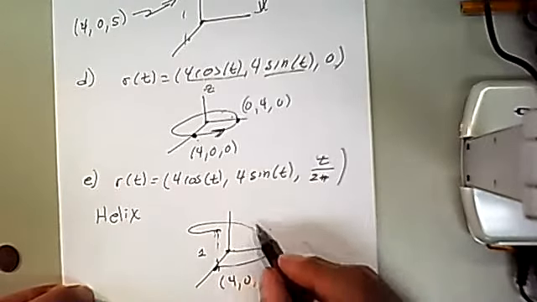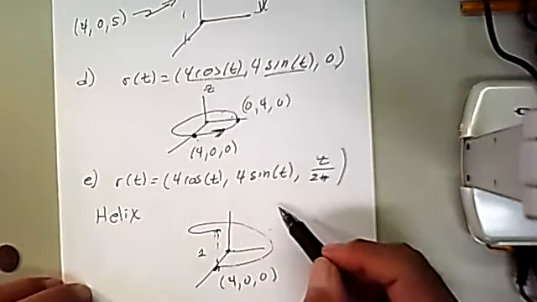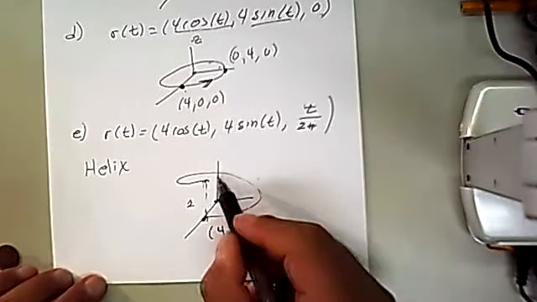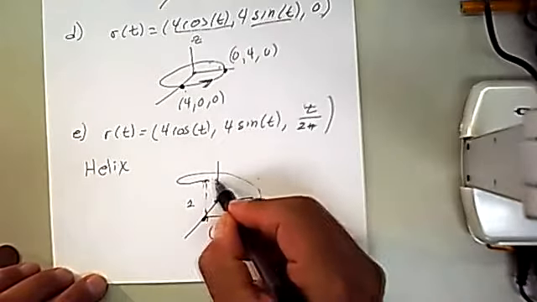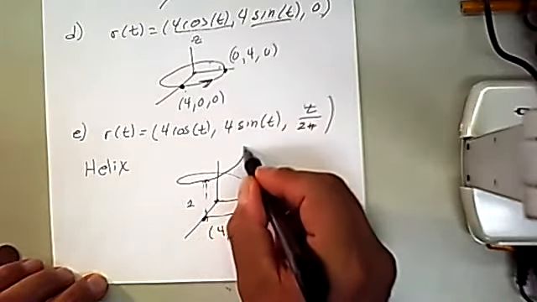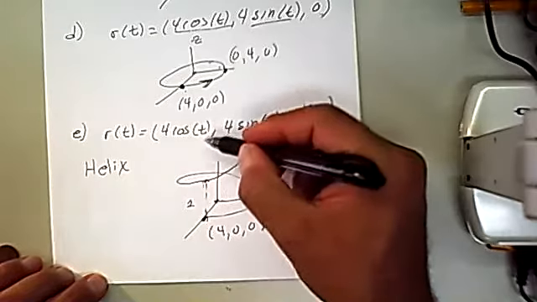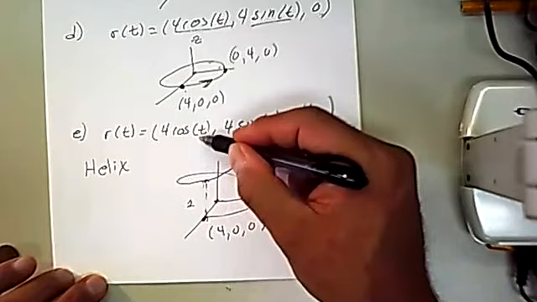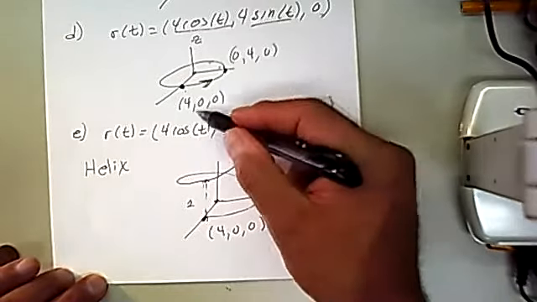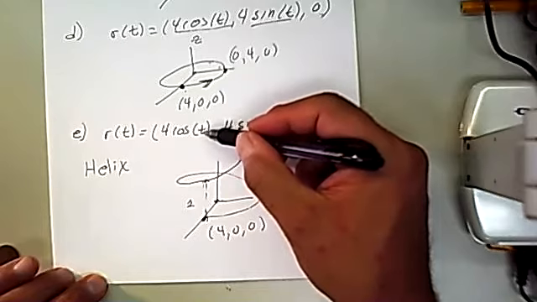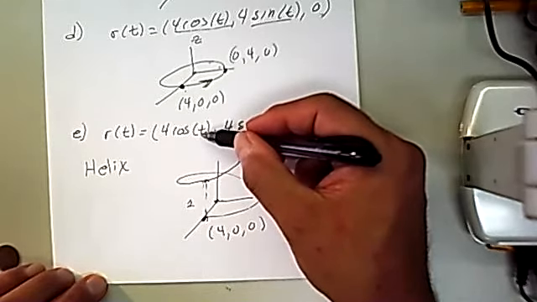And I didn't write down any domain, which means we can continue to go around. So if we do this one more time, I'm going to bump into my writing up here. But if we were to continue up here, we will come back another unit by the time we're lined up with this point. So there would be a point up here after we go around the z-axis, and this point would be 4, 0, 2.